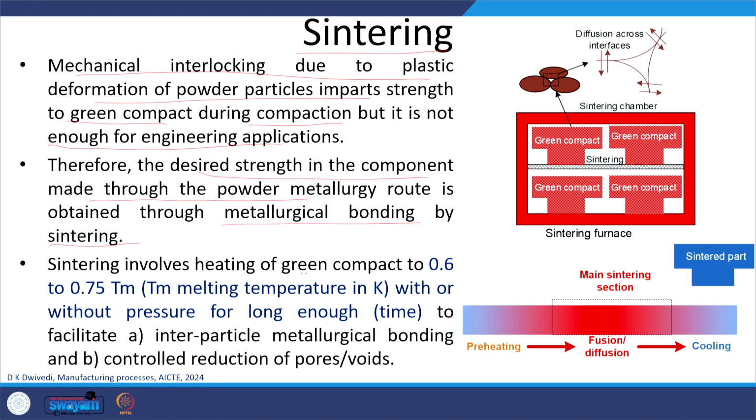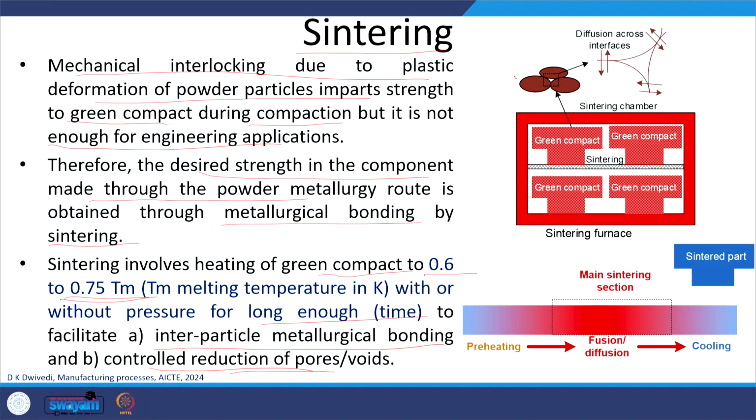Sintering involves heating the green compact to between 0.6 and 0.75 times the melting temperature in Kelvin, with or without pressure, for long enough so that diffusion across the powder particles can take place. This facilitates interparticle metallurgical bonding and also the reduction of porosity and voids.